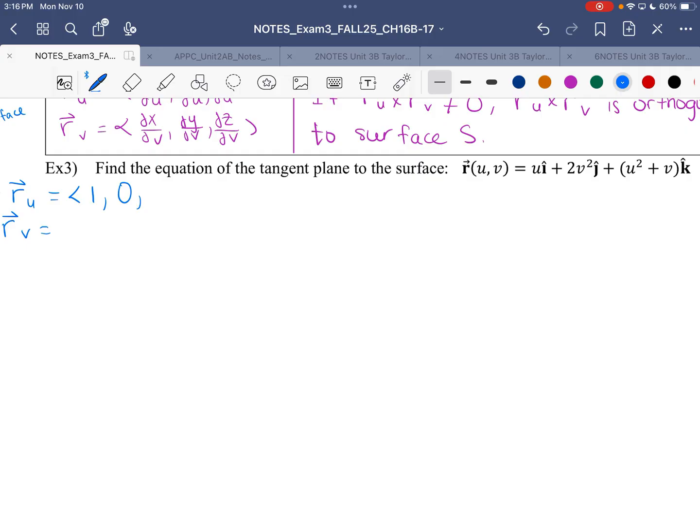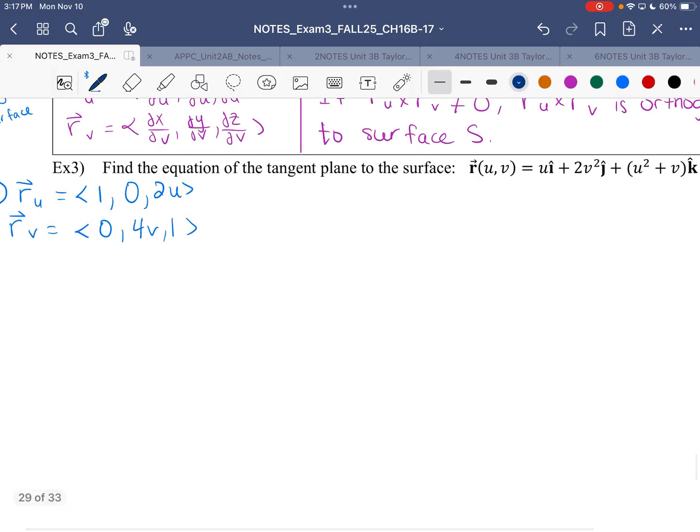Partial derivative of U squared plus V with respect to U. 2U. Jocelyn, how about the partial derivative of I with respect to V? 0. Ben, how about J component? 4V. Karen, how about K? 1.